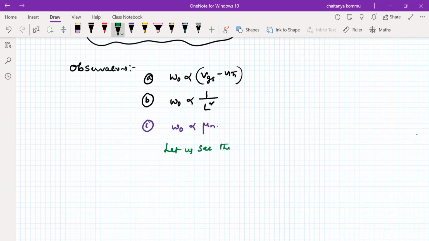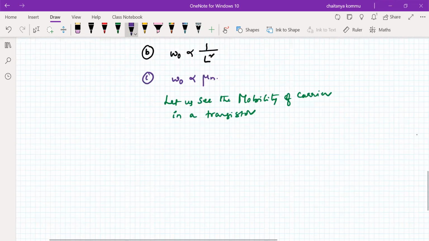The mobility of the carrier in a transistor. Point number one: the mobility of the electron or hole, whatever it may be, depends upon the cutting of the wafer.